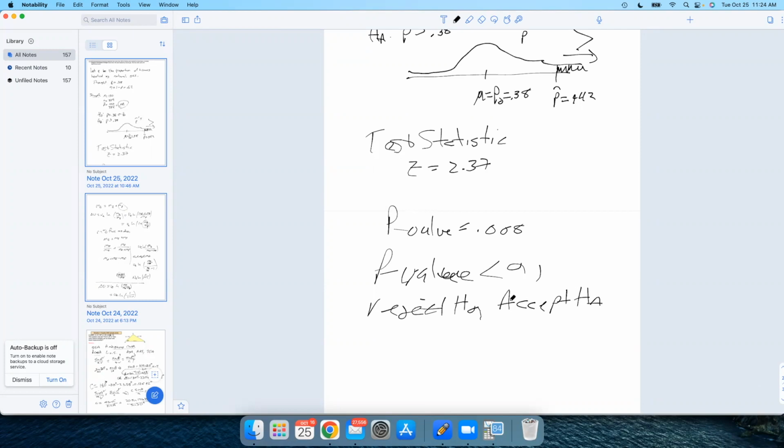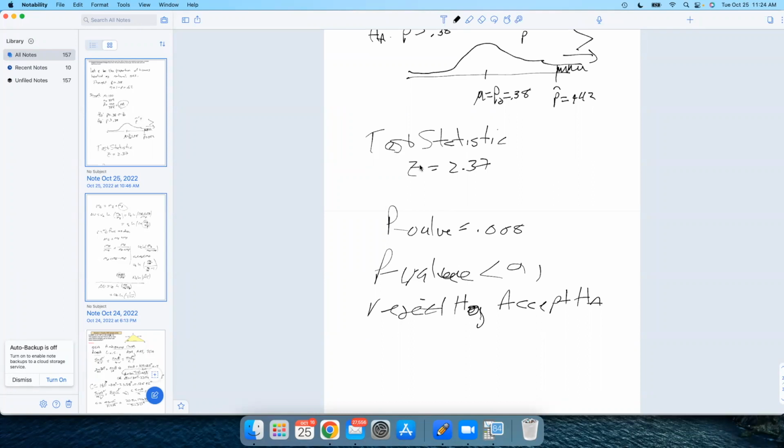If it's greater than alpha, you fail to reject the null. You never, ever, ever, under any circumstances, accept the null. That's a comma right there. This says H0, comma. Reject the null, accept the alternative when your p-value is really small. A small p-value is strong evidence against the null.